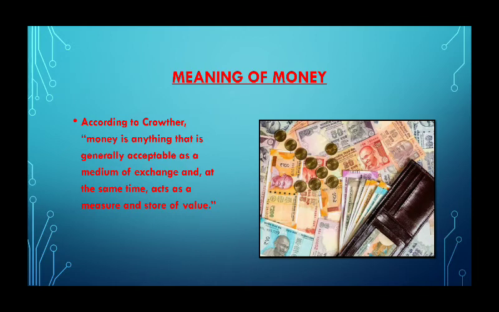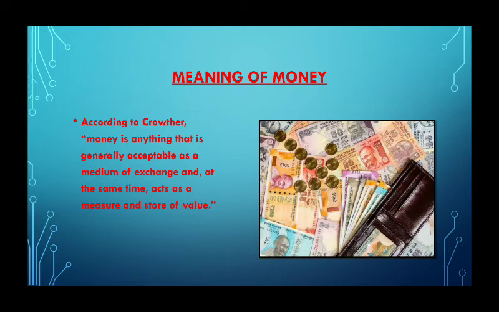And secondly, it lays stress on the basic characteristic of money. What is the basic characteristic? It is generally acceptable. Yes, money is that which is generally acceptable by people. Otherwise, exchange will not be possible. So it is a medium of exchange which is unique, and this is a unique feature of money.